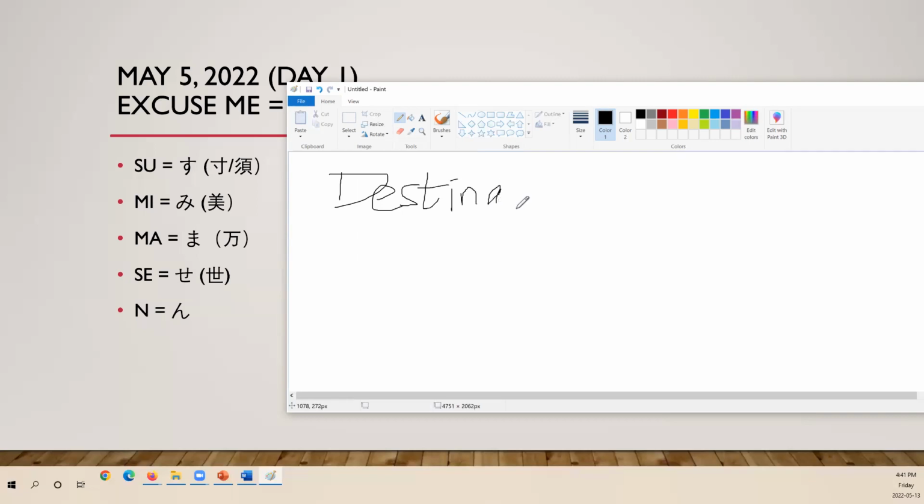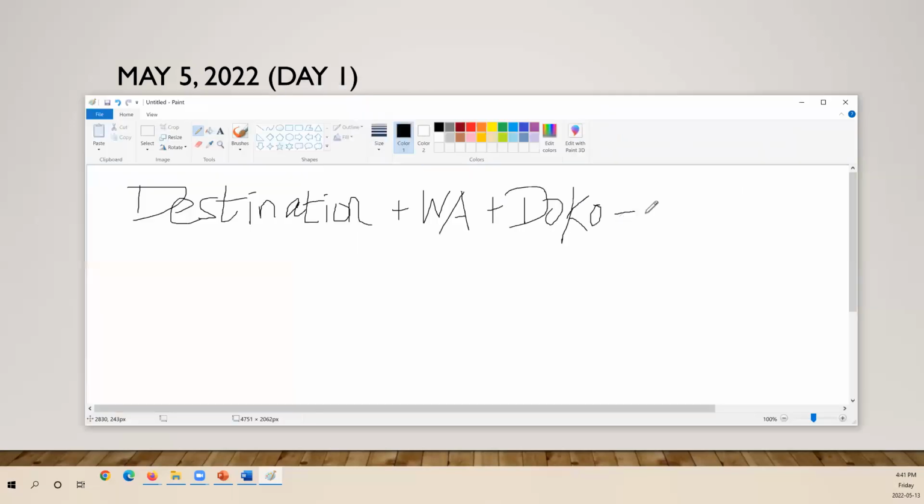And then you put wa, right? And then you put doko. Doko is where, right? It represents where. And then desu ka is basically a question tone, right? To ask questions, which you can put at the end of any phrase. So wa and then doko.